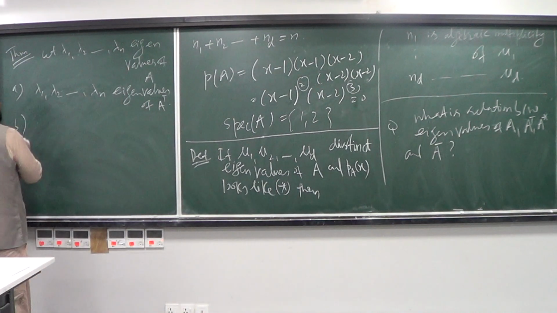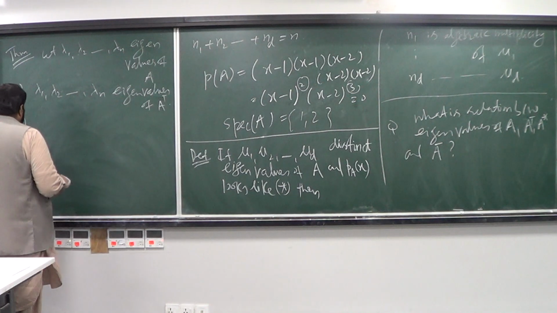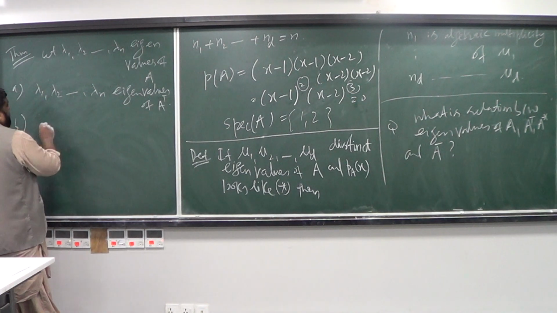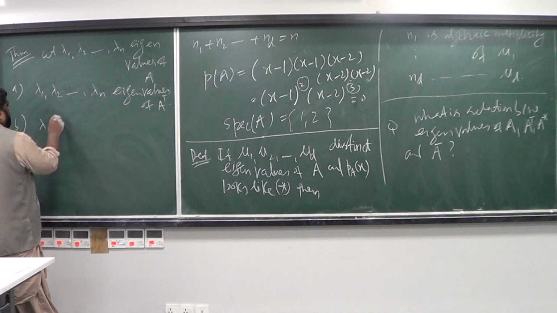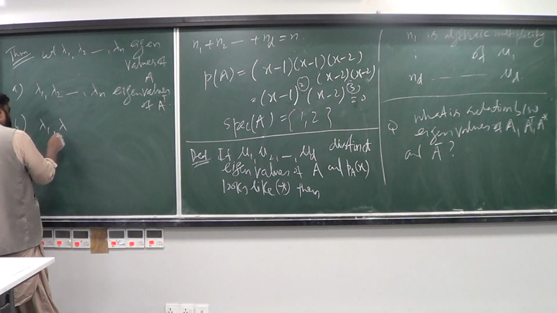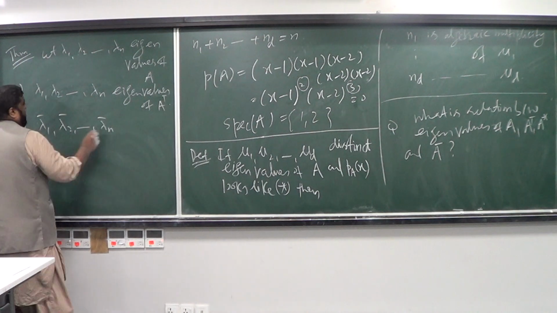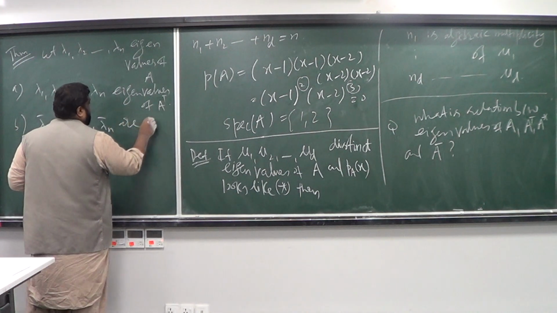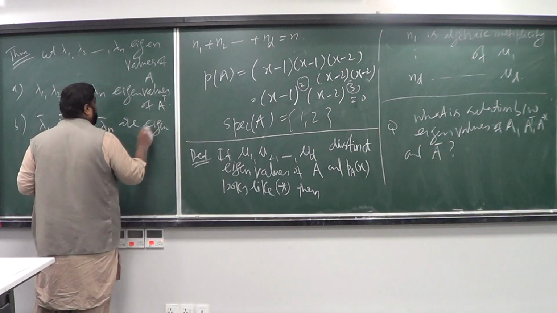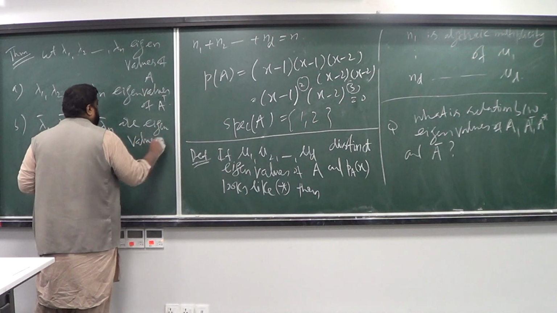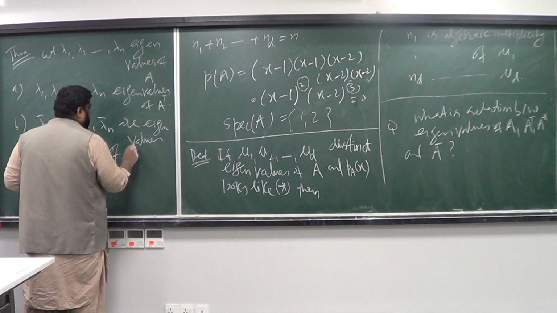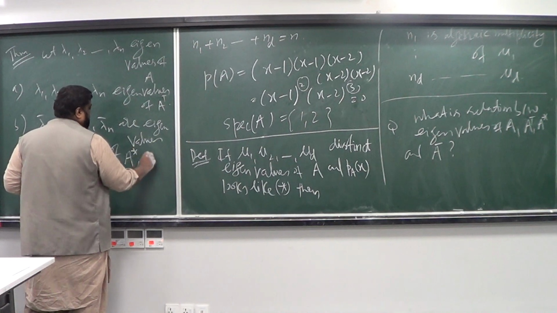Secondly, the conjugates of the eigenvalues, lambda 1 bar, lambda 2 bar, lambda n bar, are the eigenvalues of the conjugate transpose and the conjugate.